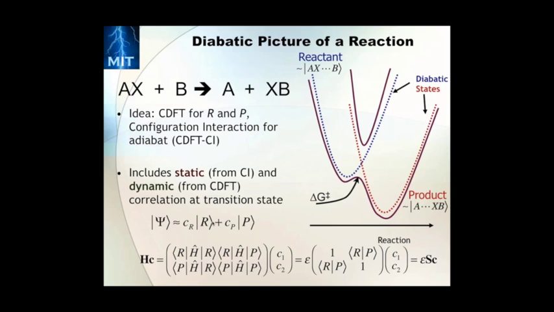Well, this does a good job of something that people have long tried to do in DFT, which is because we're taking linear combinations of determinants, we can get some contribution of what's usually called static correlation. But because we're using density functional theory to build up the Hamiltonian, we get some contribution of dynamic correlation as well. And if we do it carefully, we can actually get a fairly good balance between the two.